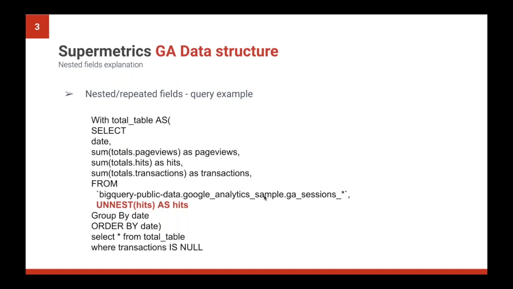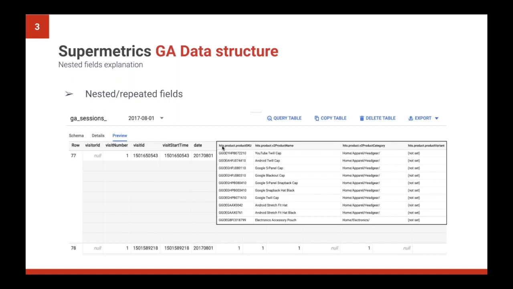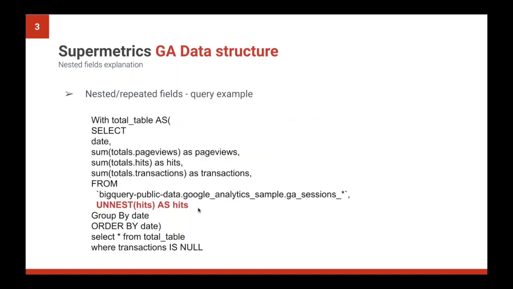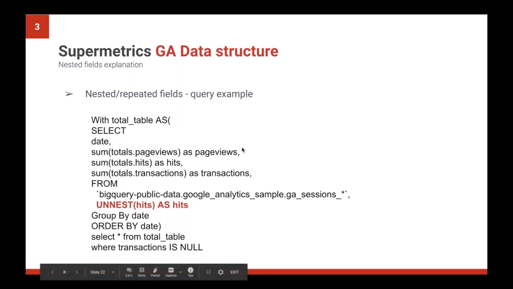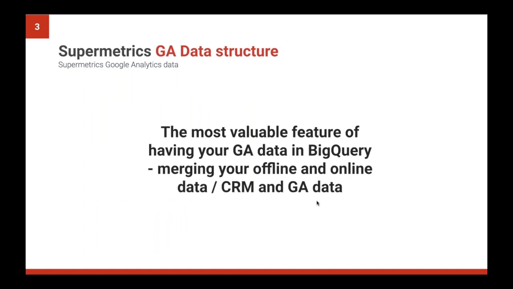For example, I gave you here an example that you can actually test on your analytics sample data, where you need to unnest your hits table, to retrieve some data in nested fields. So it's important to take this into consideration when you work with tables with nested fields.